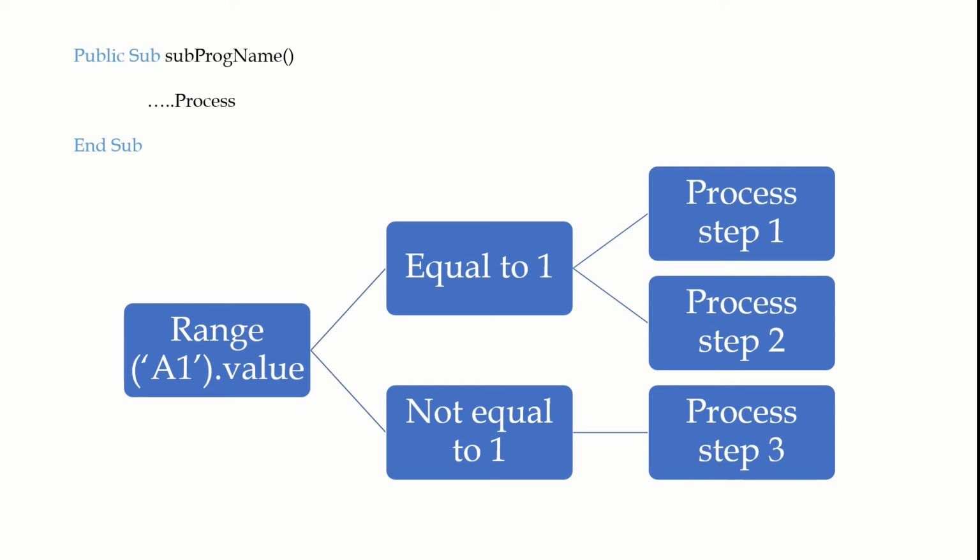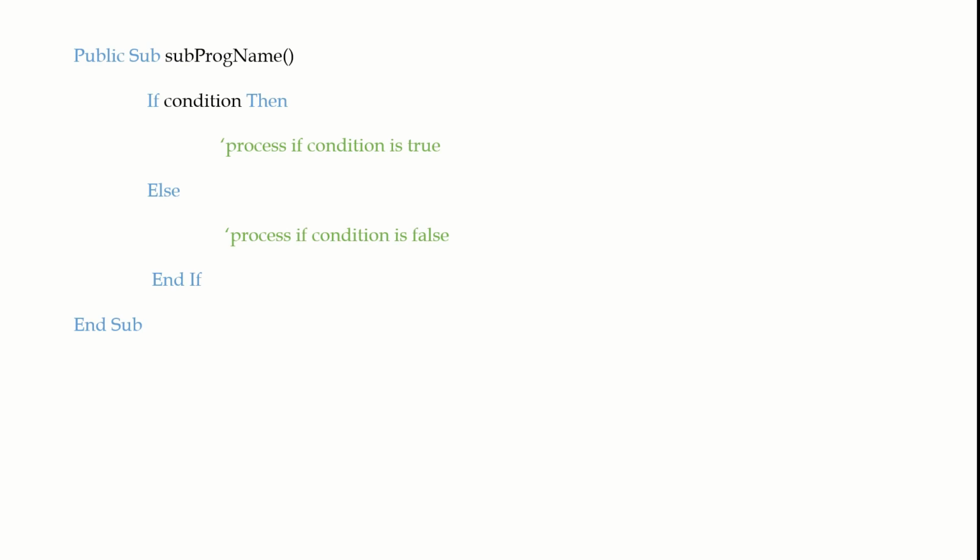Normally, what we covered so far can be achieved through the Excel macro recorder. But what we're covering today in this lesson can never be recorded through the Excel macro recorder function. So, this is the general structure of an if condition.